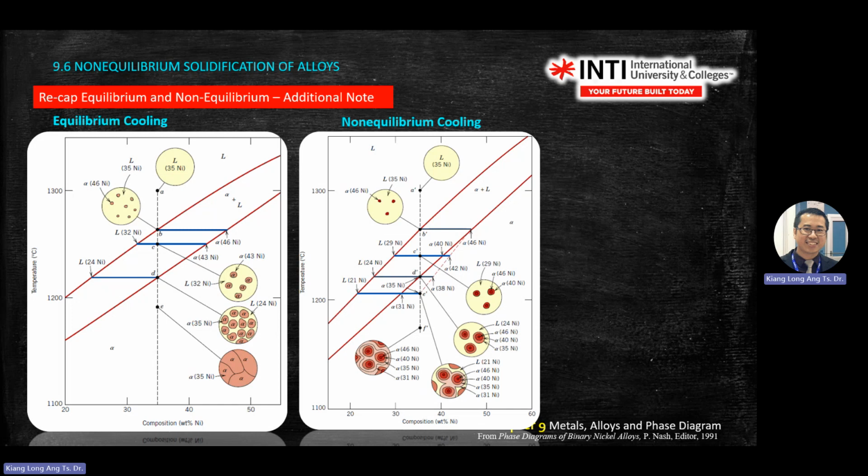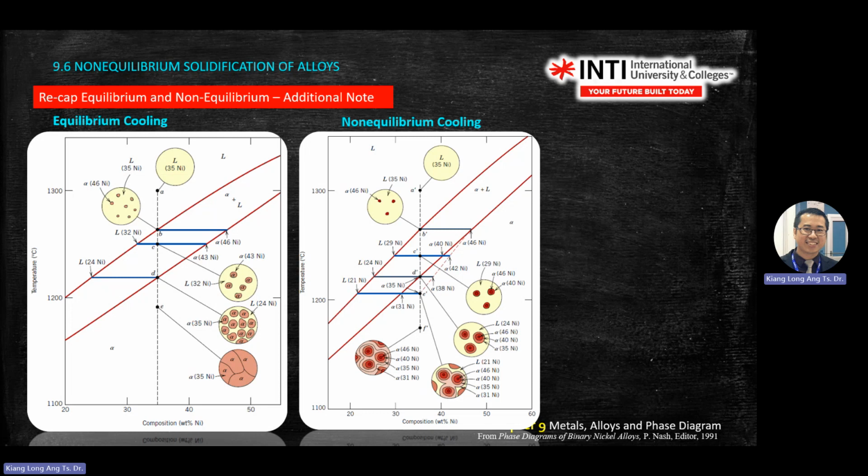35% nickel. We start from the same point, 1,300. There's a comma there just to represent that we are looking at rapid cooling, or non-equilibrium cases. Here is all liquid, so you write liquid 35% nickel. Then you touch this point already, and you start to see chicken pox.